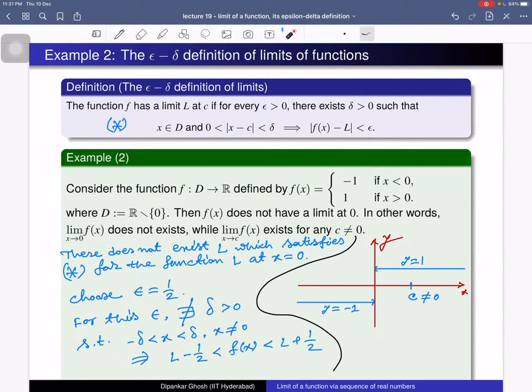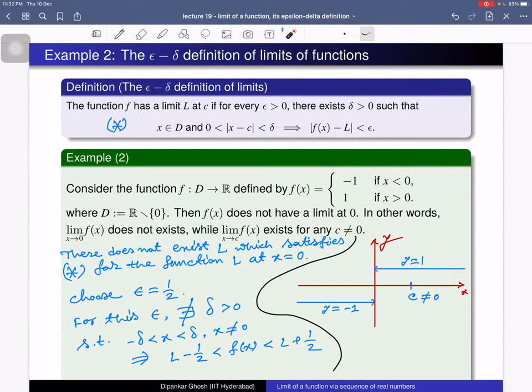Because if you consider a sequence which approaches 0 from the positive side, then the function value approaches 1, and if you consider a sequence which approaches 0 from the negative side, then the function value approaches minus 1. So in this case it is not satisfying that first condition, the definition in terms of sequences of real numbers.